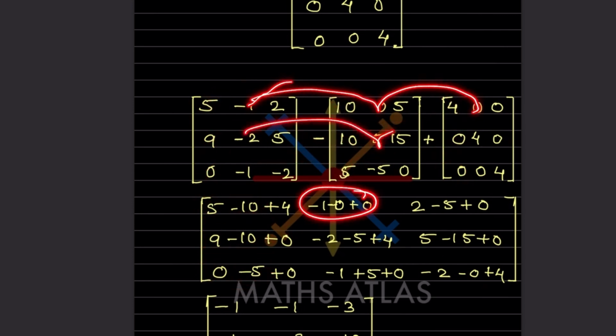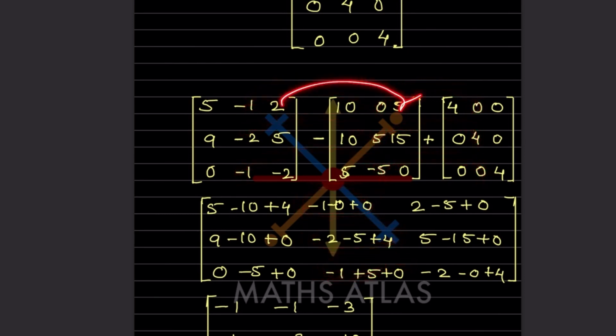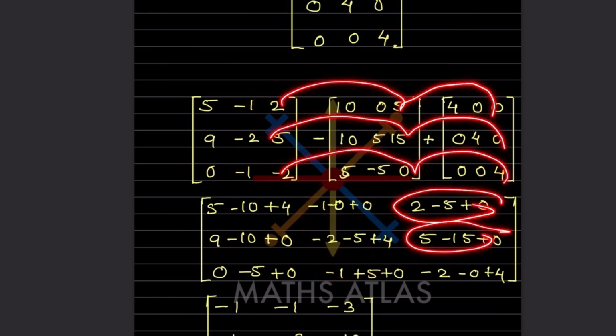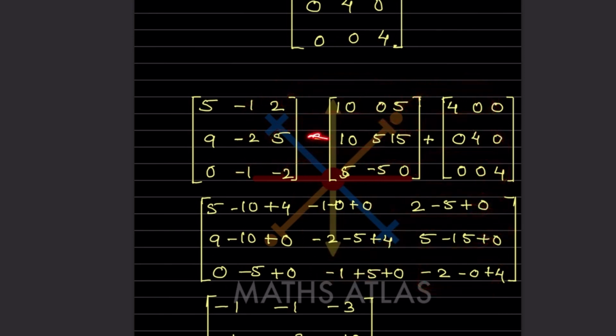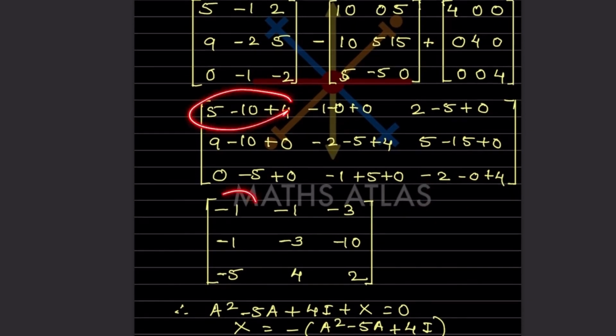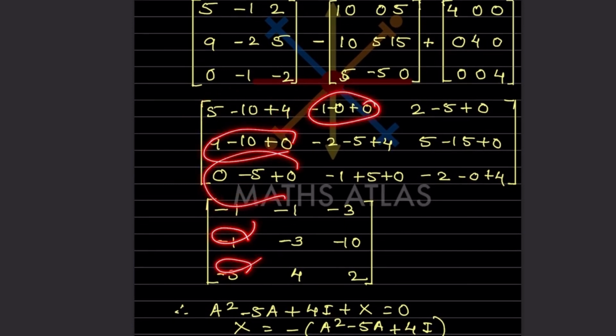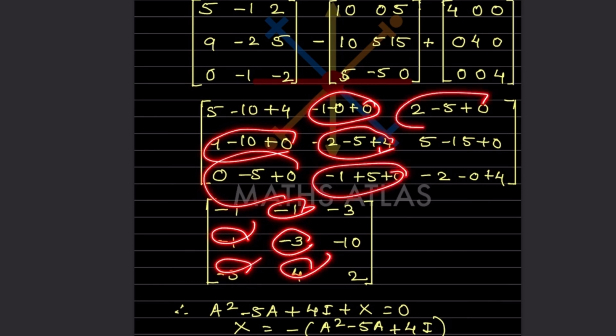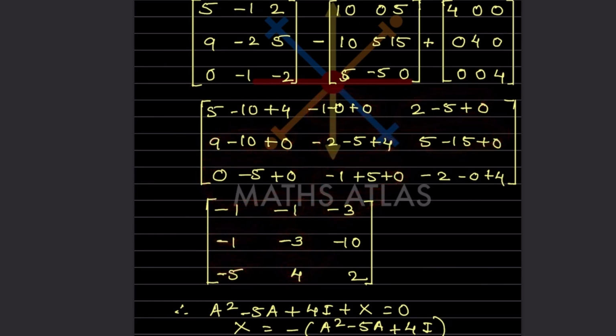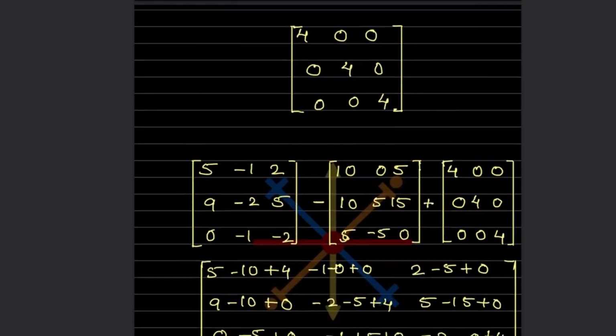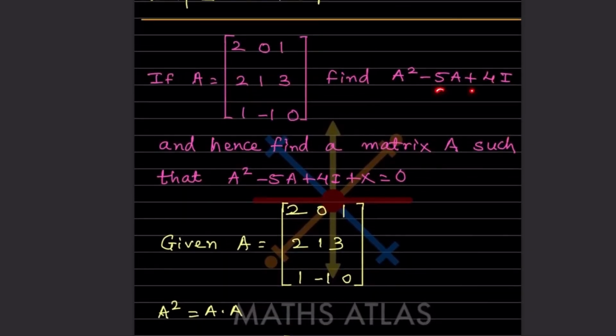This over here, this over here, this over here, then this over here, this over here, and this over here. So you have to just subtract this and this. So what we get after this one? You get minus 1, minus 1, minus 5. Now see here, minus 3 here, and this is going to be 4. Just add and see how it is. Minus, and here will be 2. So now this was for A² − 5A + 4I.